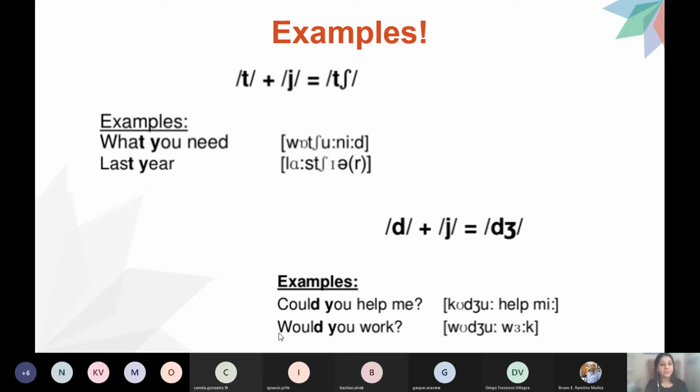And instead of saying last year, we're going to say last year.